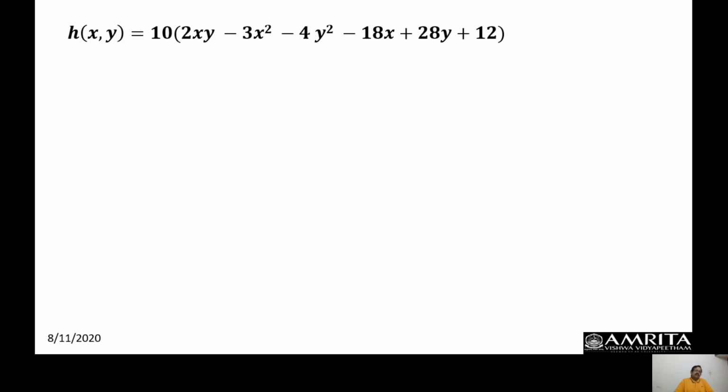One thing I did not tell: when does the gradient function vanish? A gradient function vanishes very similarly to ordinary differential calculus. When we calculate, for example, y as a function of x, the slope is dy by dx. We know that to find the maximum and minimum of the function, all we do is take the slope of this function and equate it to 0.